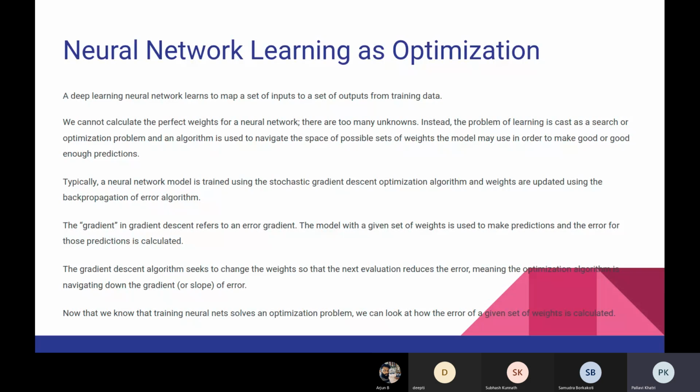Now, typically a neural network model is trained using stochastic gradient descent. What does stochastic mean? In day-to-day life, we think, I think this is 50% probable to be a cat.